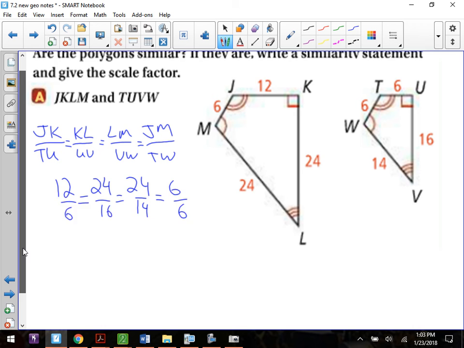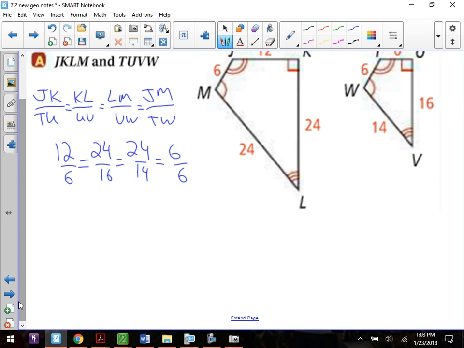I'm no math major, but I don't think that's similar either. Because when you go through it, you'll notice that none of these simplify to being the same. Divided by 8, excuse me, so you get 3 over 2, 12 over 7, and 1 over 1. That's not going to be similar.